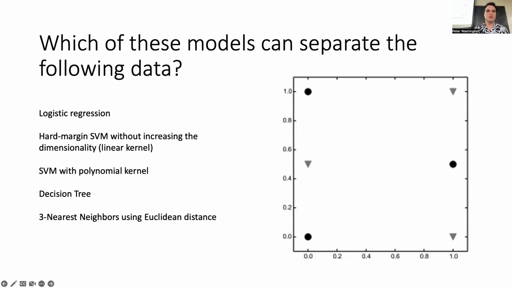Okay, good. What about a decision tree? Raise your hand if you think it can. Raise your hand if you think it can't. Okay, so mostly said it can, but a couple said it can't. Decision trees, if you recall from class, work like this.